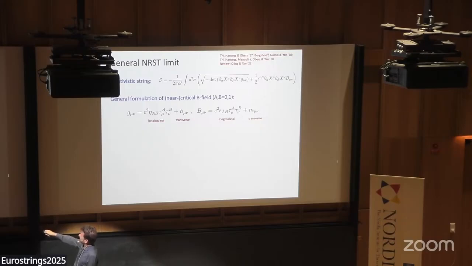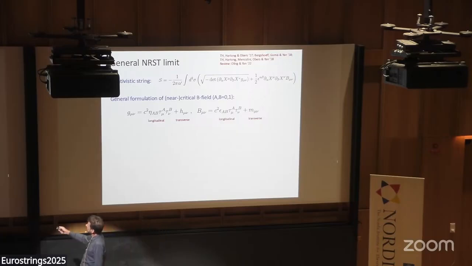The point is that you split the metric and the Kalb-Ramond field in a longitudinal part and a transverse part, such that the longitudinal part is designed to give you a critical electric B field when you take C to infinity.